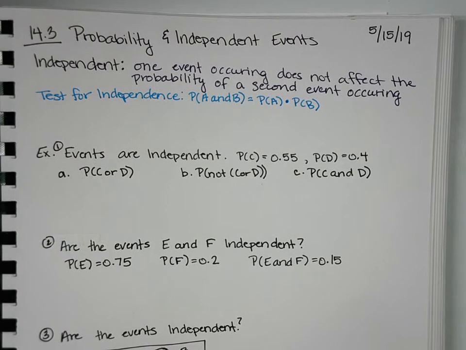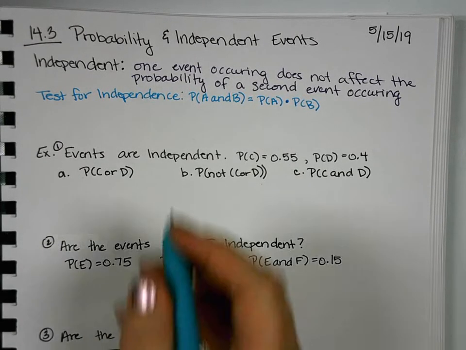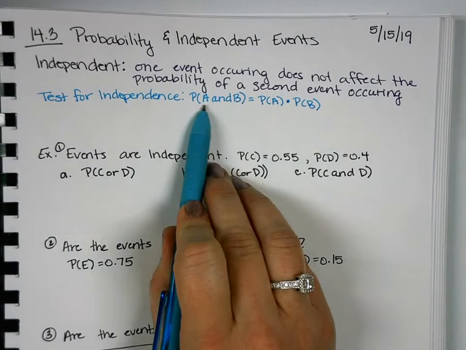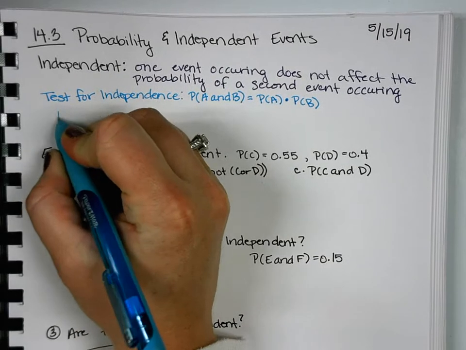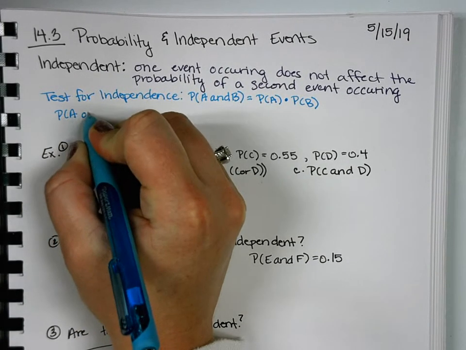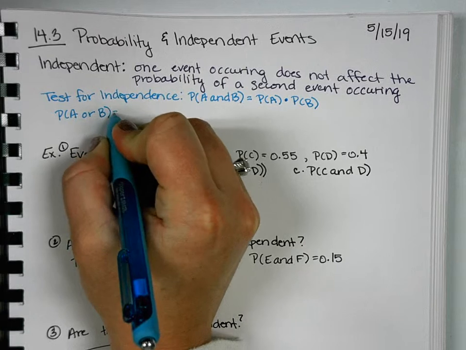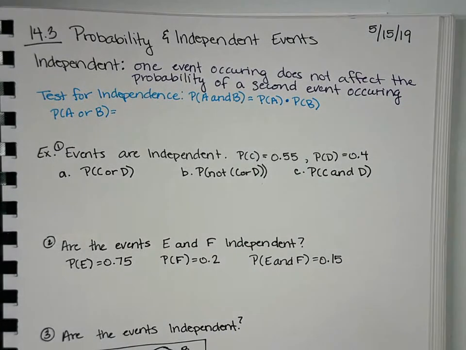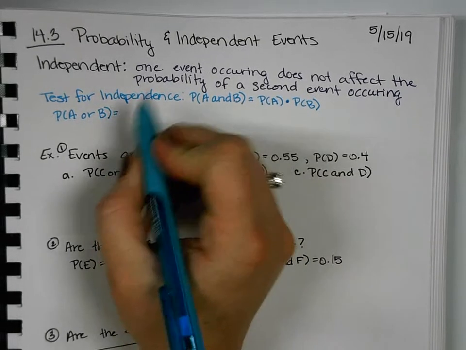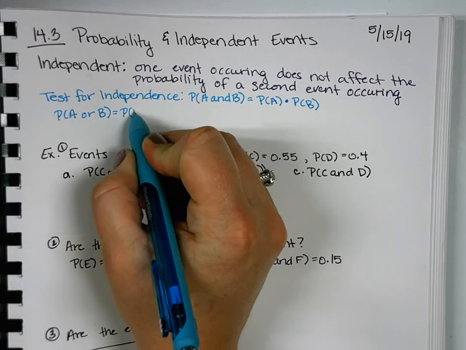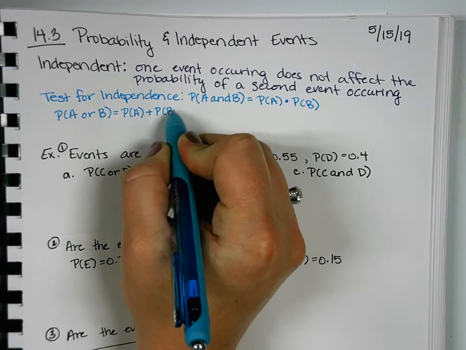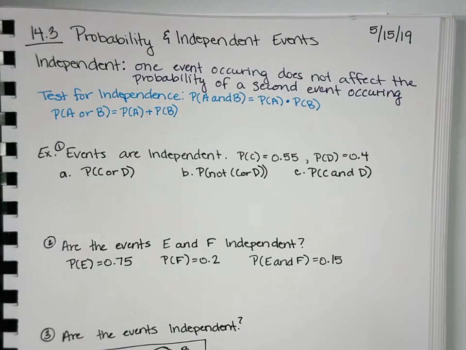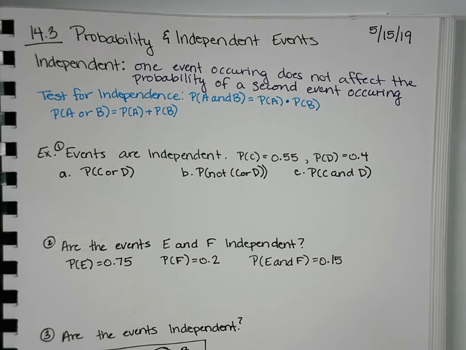Now, when we do OR statements, okay, so our test for independence uses the AND statement rule. Our OR statement, so if we're asked to find the probability of A or B, we would take the probability of A plus the probability of B. So it looks just like mutually exclusive so far, where we just add the two probabilities.